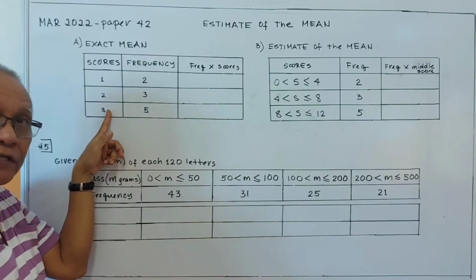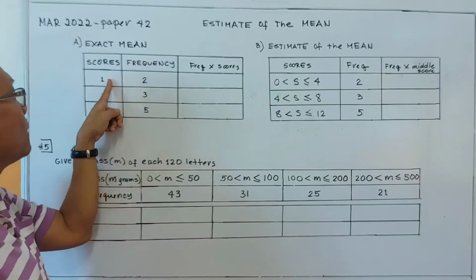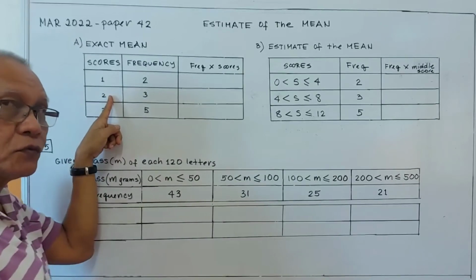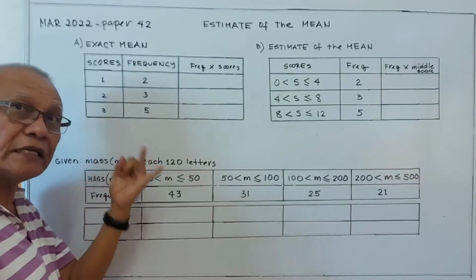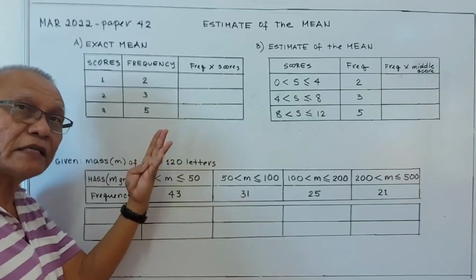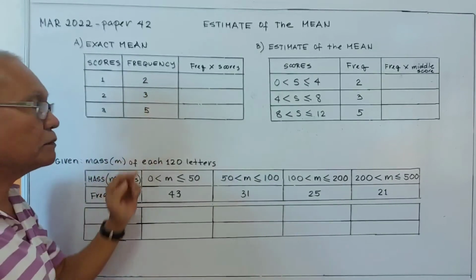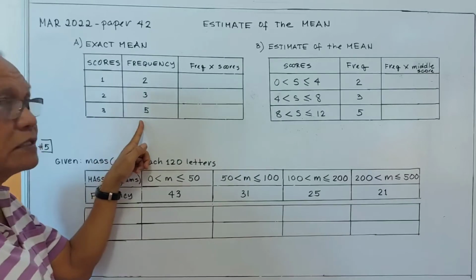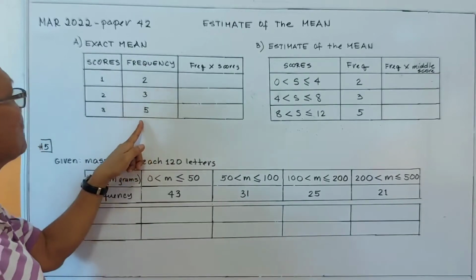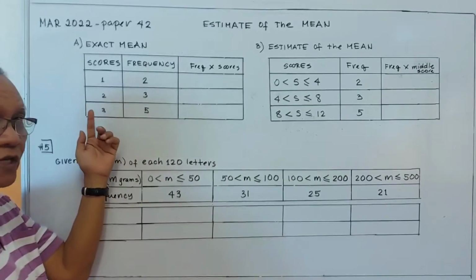So we can do this by simply adding 1 plus 1 plus 2 plus 2 plus 2 plus 3 plus 3 plus 3 plus 3 plus 3, and then we divide it by the total number of students, which in this case is 10. But this one is already arranged in a frequency distribution table.